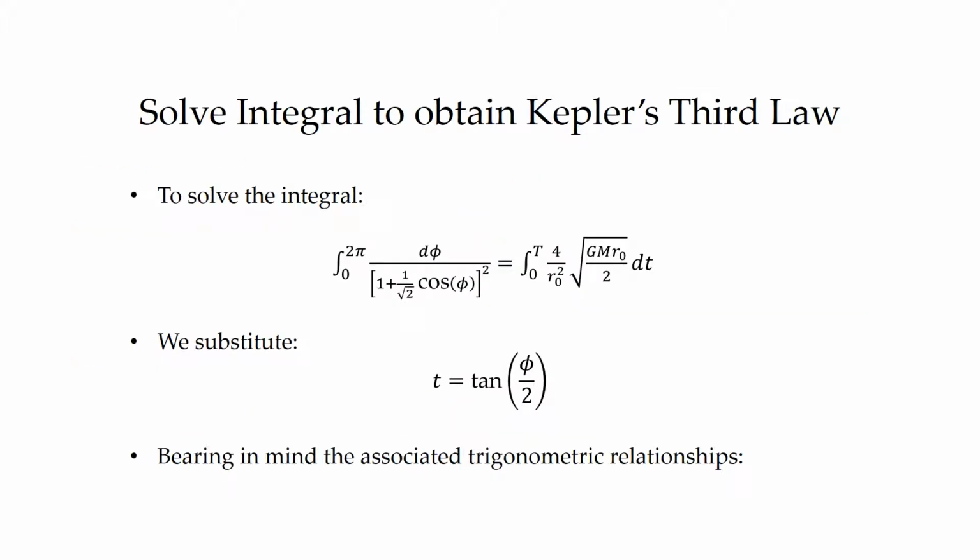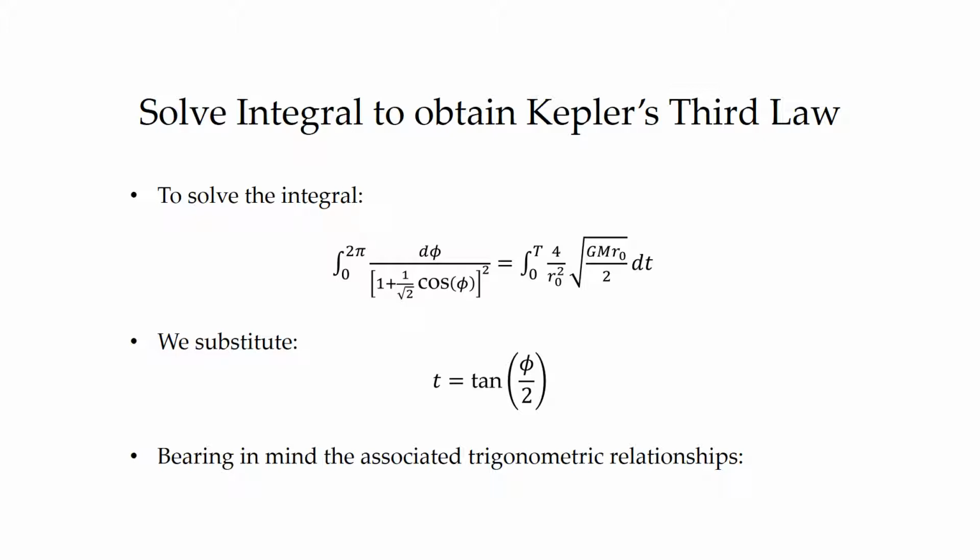So, to solve the given integral, we use the trigonometric substitution t equals tan phi over 2, where phi is the general angle through which the planet turns from its starting point.